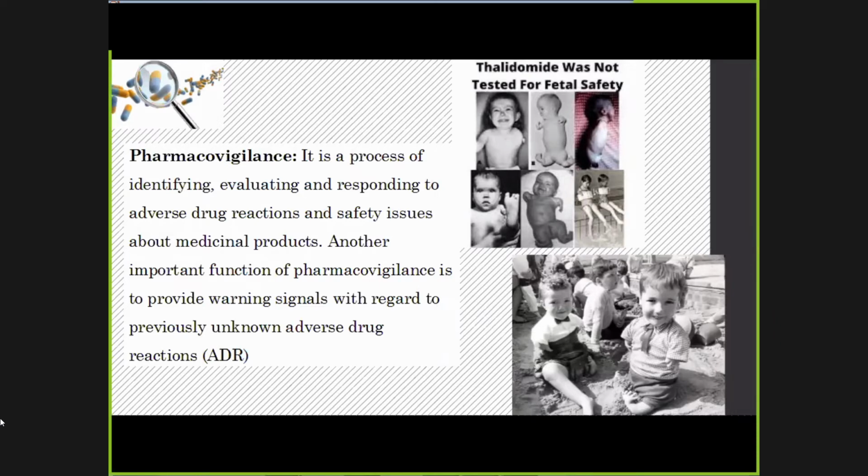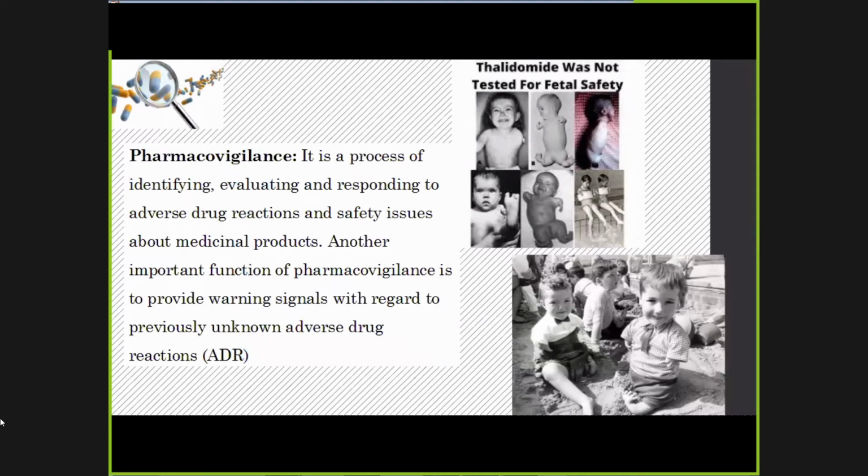So once pregnant women started taking this drug, the children were born with sealed limbs. As you can see, the upper and lower limbs of these babies are sealed. Then this drug was banned for use as an antiemetic in pregnant women.